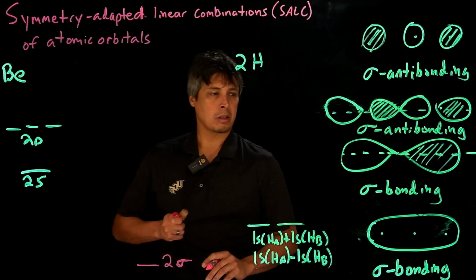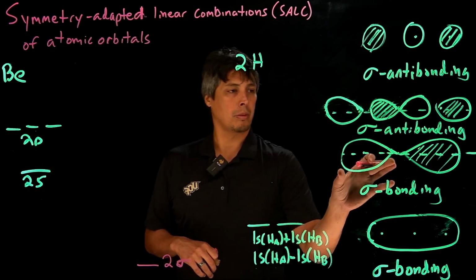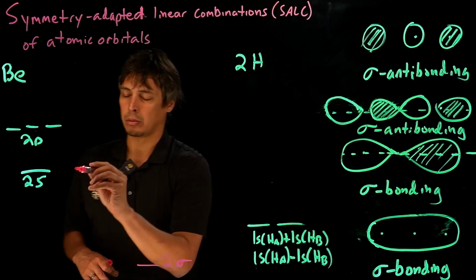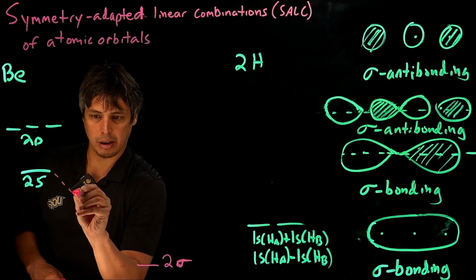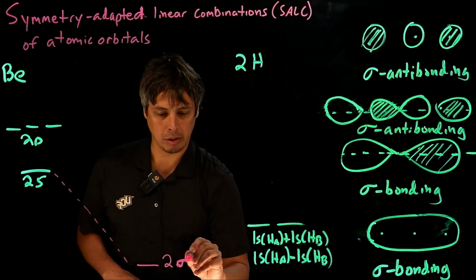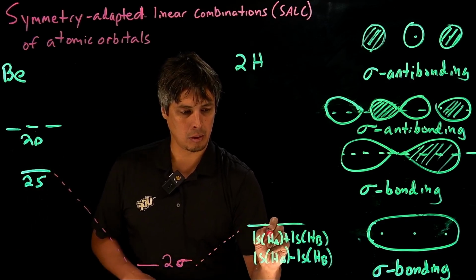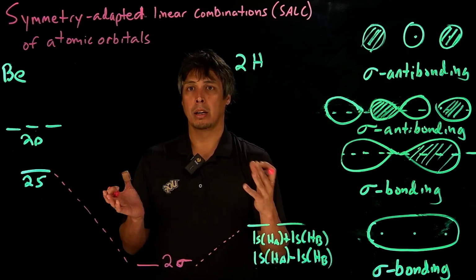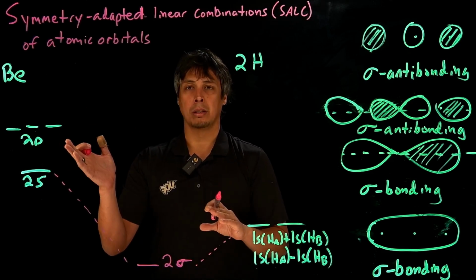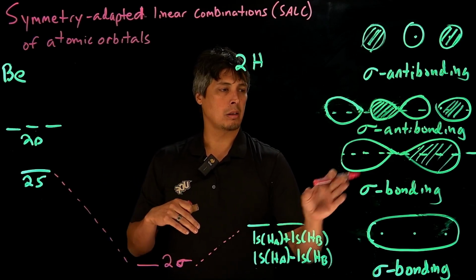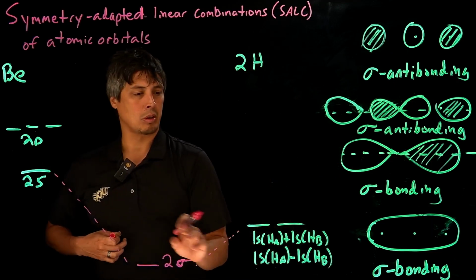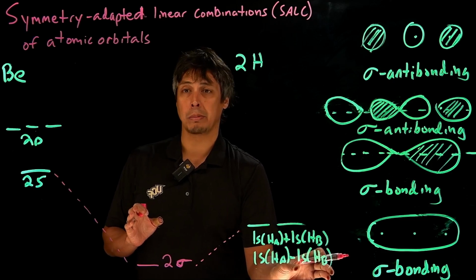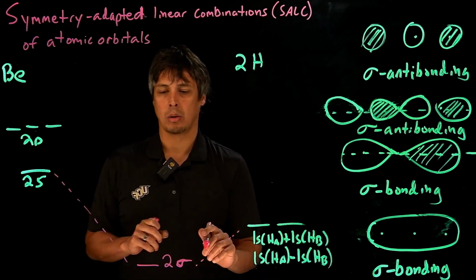All right, the next one is going to be our next sigma bonding orbital. Remember that the previous one is derived from the 2s orbital of beryllium and the 1s HA plus 1s HB. The second bonding orbital we were able to make from a combination of a beryllium atomic orbital and a SALC is this sigma bonding orbital, which is a result of overlapping the 1s HA minus 1s HB SALC and the 2pz orbital, okay?